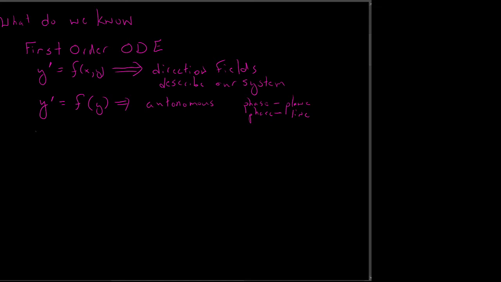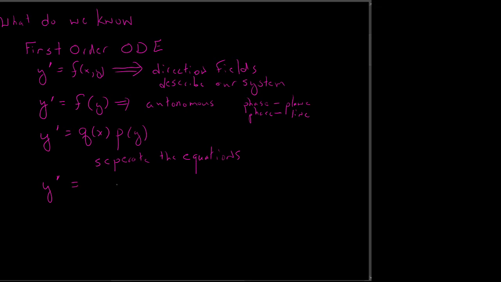And then we said, well, hey, you know what we can do? If this function here is in the form of a variable in x and a variable in y, we can separate them. We can separate the equations. And then we were like, well, even better.